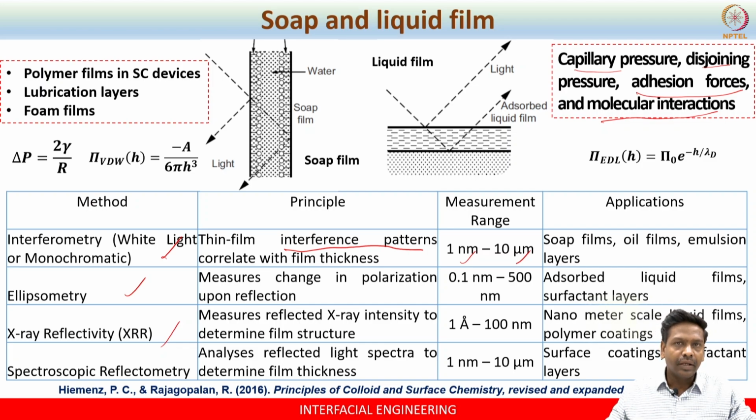Since we identified the critical salt concentration, at that particular concentration one can measure the zeta potential value and the other parameter called the Debye-Huckel parameter kappa.